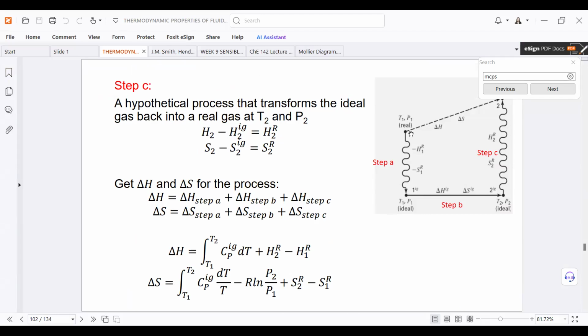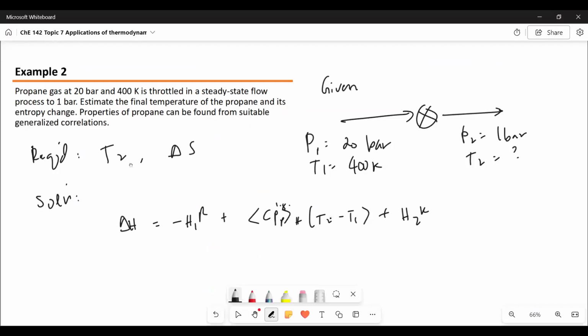That's why we have negative H1R and positive H2R, because of our hypothetical path. The process happens as an ideal gas, so that's why CP delta T is with the label IG. These are the residuals.